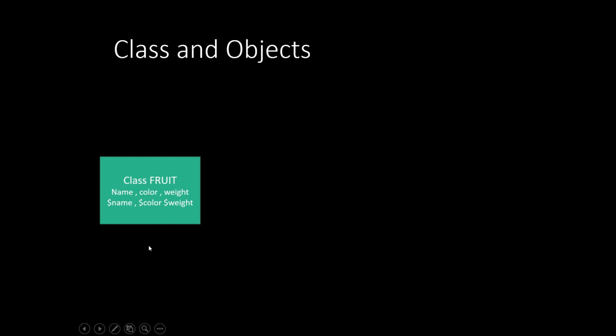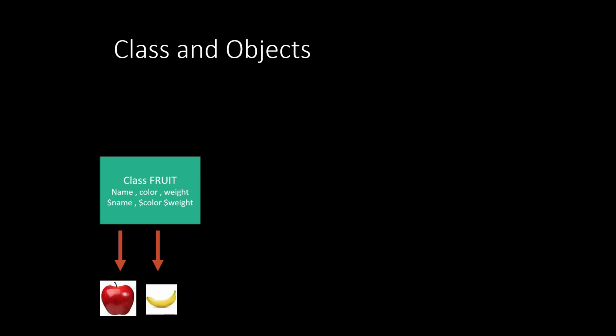And if we want to declare its object, then each object contains these properties but may have different values. For example, if we create an object of the class fruit, the first object is apple. So the apple object contains the name apple, the color red, and the weight is, for example, 10 gram. We also declare another object of the class fruit, and the object is banana.